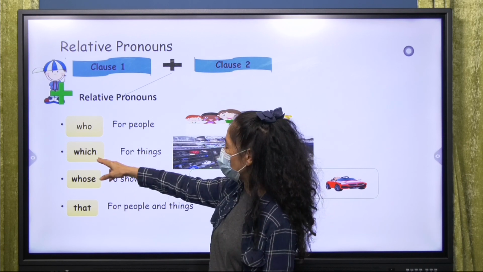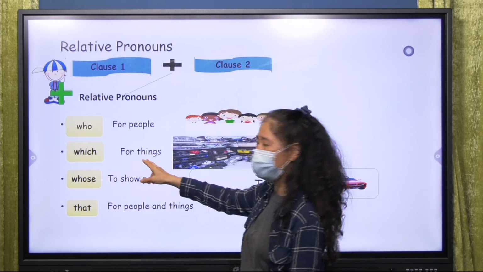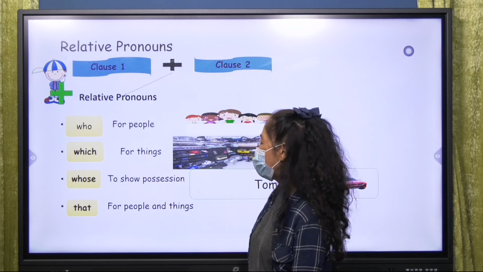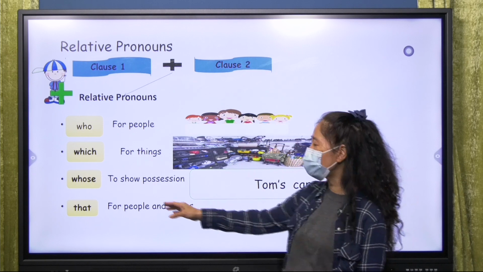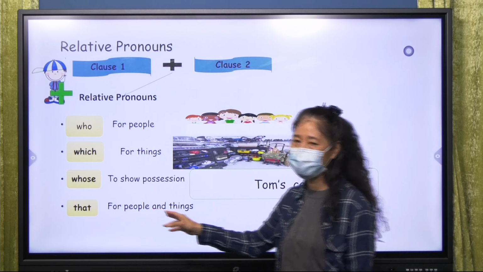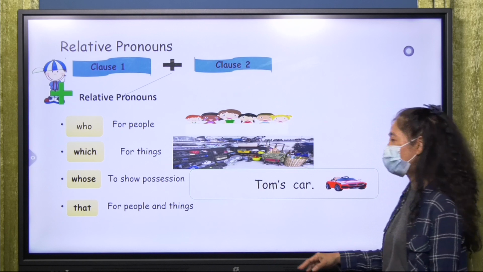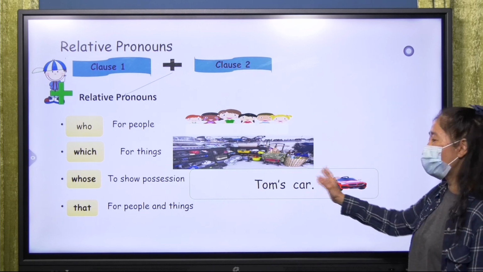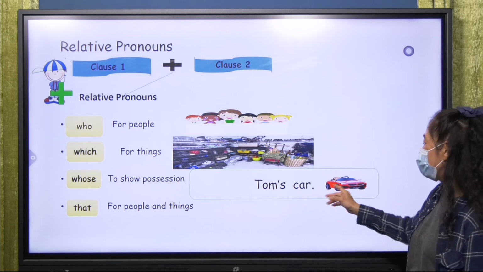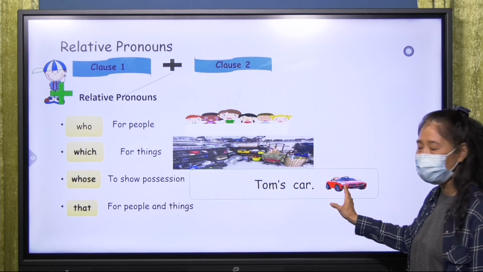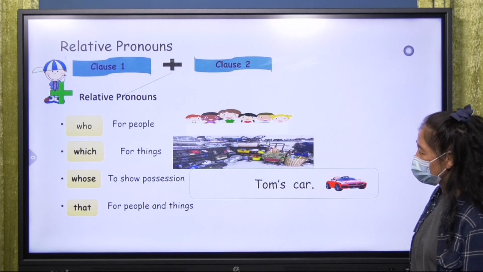And which is to show things. And whose, pay attention to the word whose, is to show possession. What does possession mean? It means someone's things, like Tom's car. That is his car, to show possession.